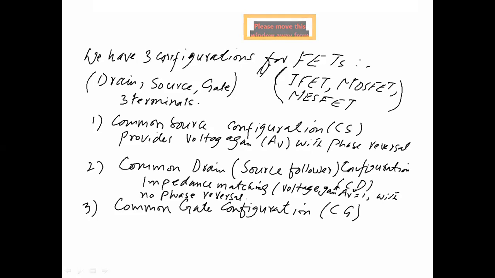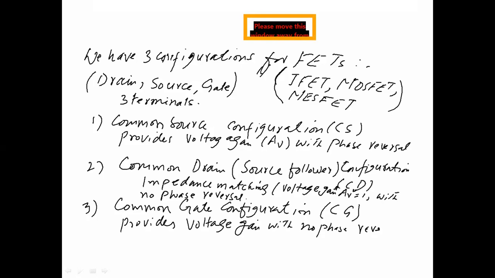The common gate configuration provides voltage gain with no phase reversal, that is, zero phase shift.